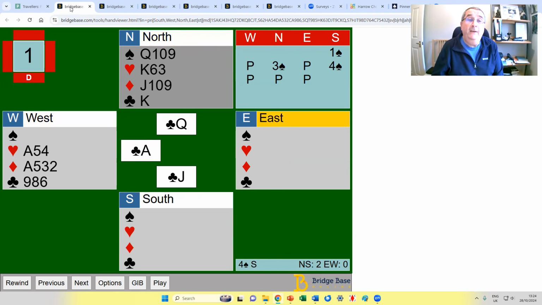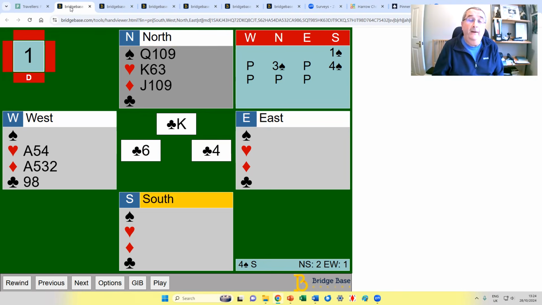So let's suppose you take your ace there, and you now have to think about what else to play here. And again, leading one of your aces or away from one of your aces could easily help declarer. So it's probably much safer to carry on with another club. You're playing passively here, and you're not giving declarer any help by leading your aces.